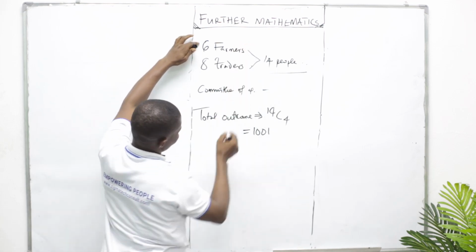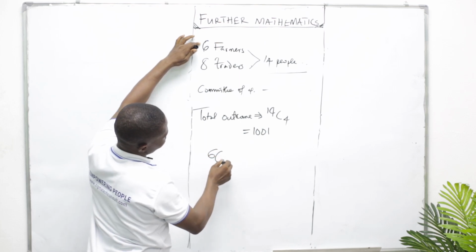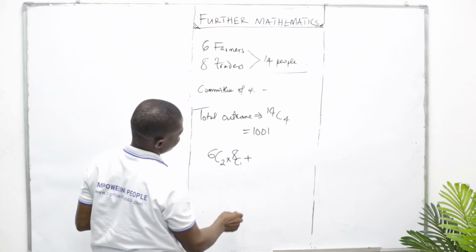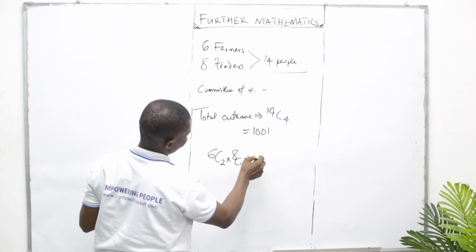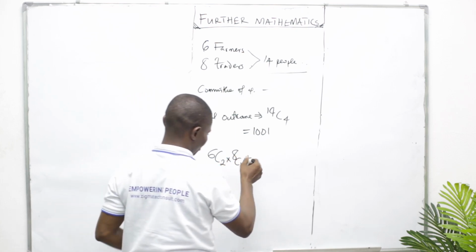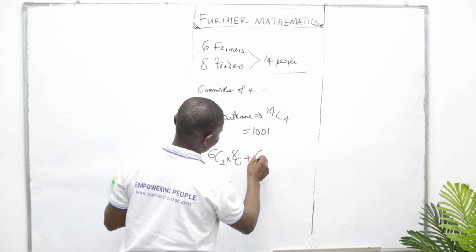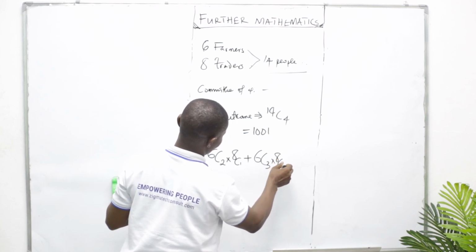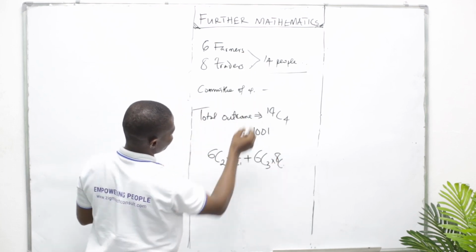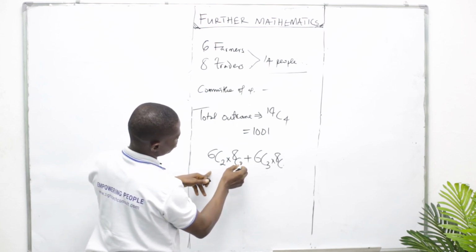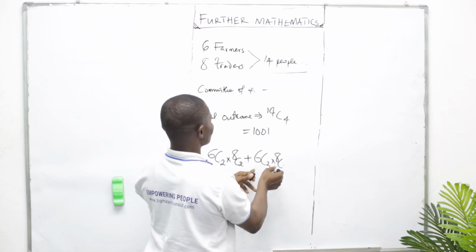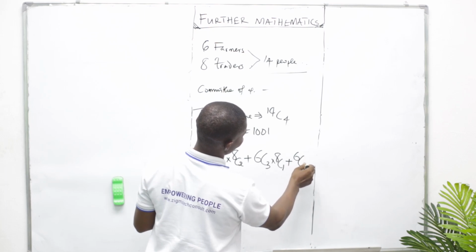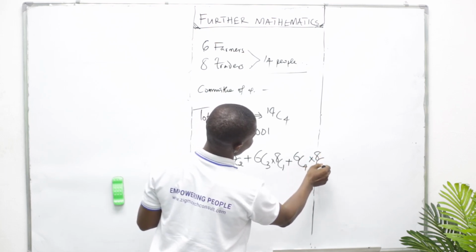Then at least 2 farmers. I have 6 farmers here. That is 6 combination 2 times 8 combination 2, then 6 combination 3 times 8 combination 1, or 6 combination 4 times 8 combination 0.